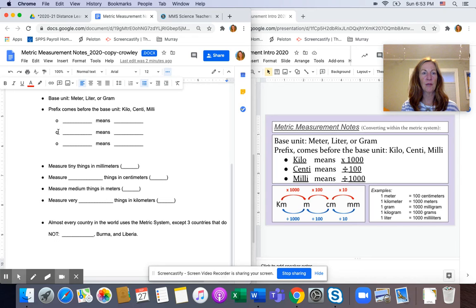So here we're going to come over here, the prefix before the base unit. So kilo, like kilometer, kilogram, kiloliter, right? Centi, centimeter, right? So kilo means what? It means times 1,000.